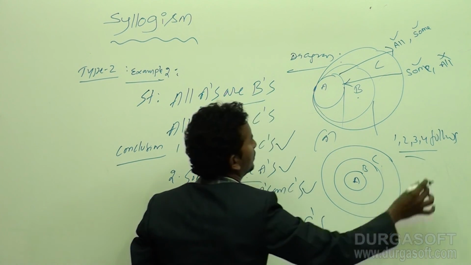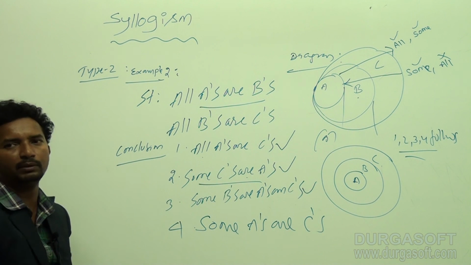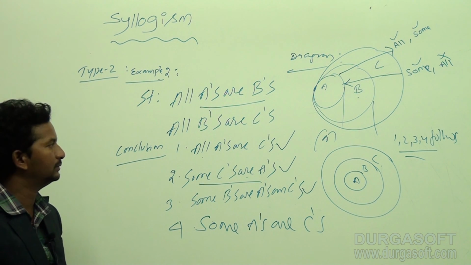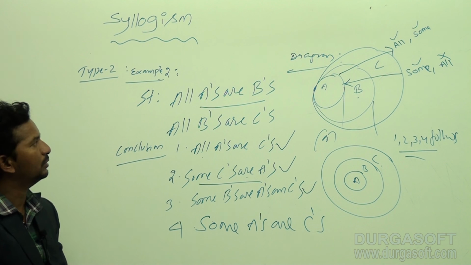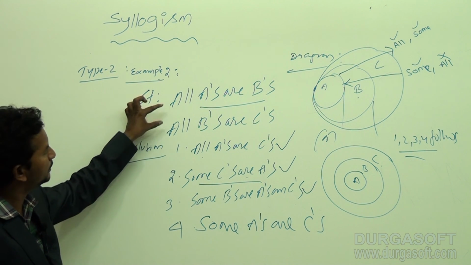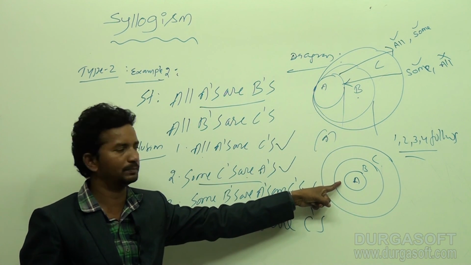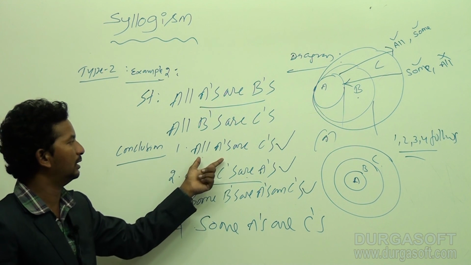This is the answer. Now how to solve this type of question, I am taking type number 2. First the question is given with statement and conclusion. You read the statement, draw the diagram, either this diagram or this diagram. Now check the conclusions one by one.